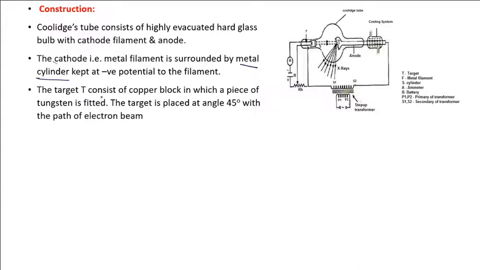The target T consists of copper block in which a piece of tungsten is fitted. So anode is made up of tungsten and it is fitted on the copper block, and this target is placed at an angle of 45 degree with the path of electron beam.